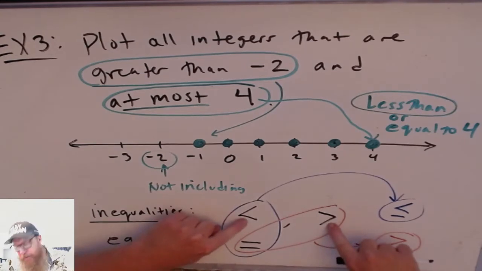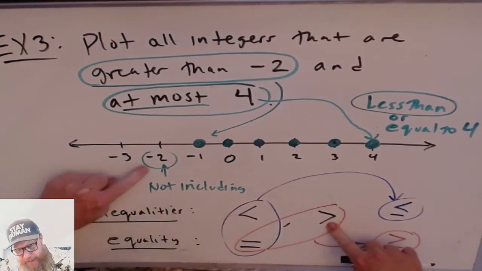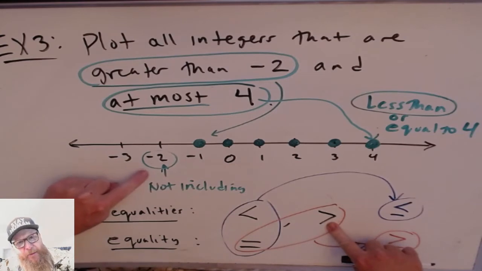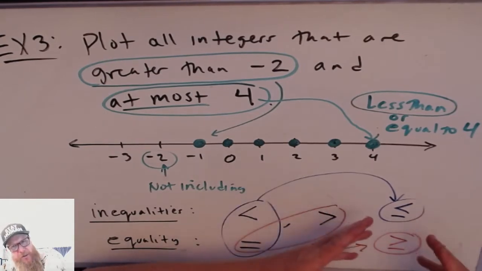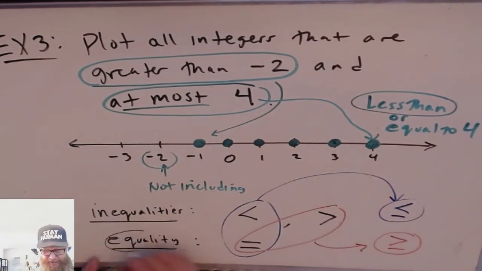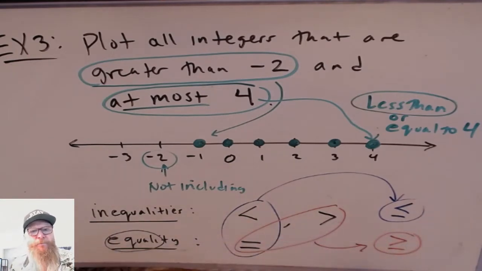We sometimes refer to these as open inequalities. It means it does not include the number that we're talking about. And we often refer to these as closed inequalities because it includes the equality, the fact that it used to be equal.